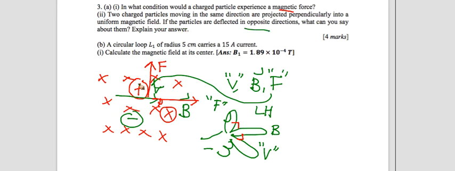If you use a positive charge, use the left hand, and the direction of the force is upward. But for the negative charge, you must use the right hand. With the right hand, the thumb is still the direction of the force on the charge, the first finger is the direction of B, and the second finger is the direction of V. So for the negative charge, the direction of the force is opposite, downward, right?